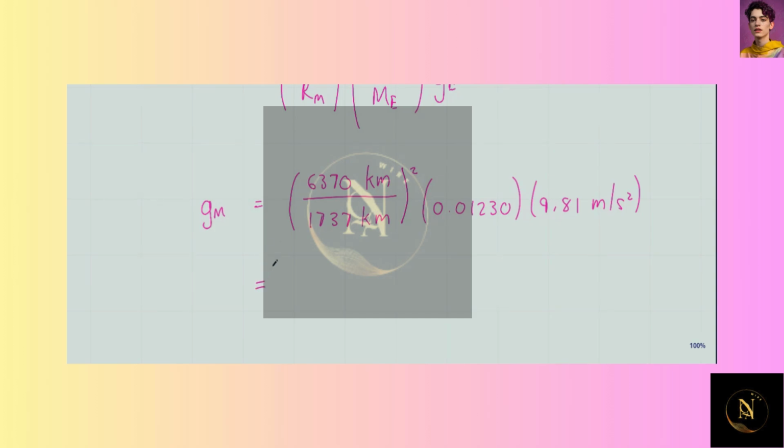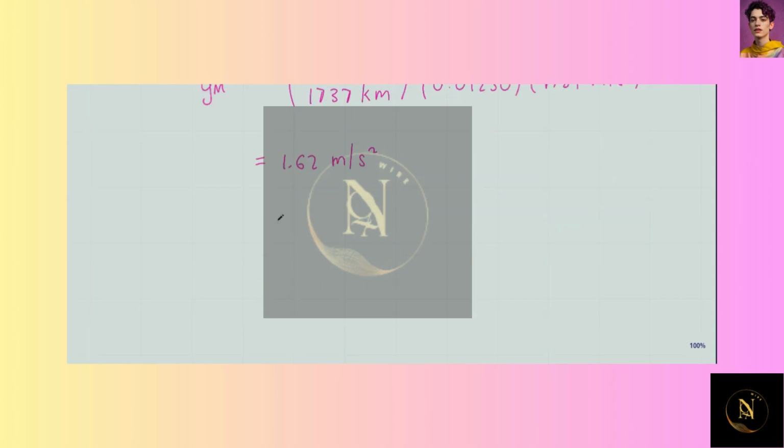Hence, we get the gravitational acceleration on the moon's surface to be 1.62 meters per square second. So this gravitational acceleration is roughly 1/6 of the gravitational acceleration at the Earth's surface.